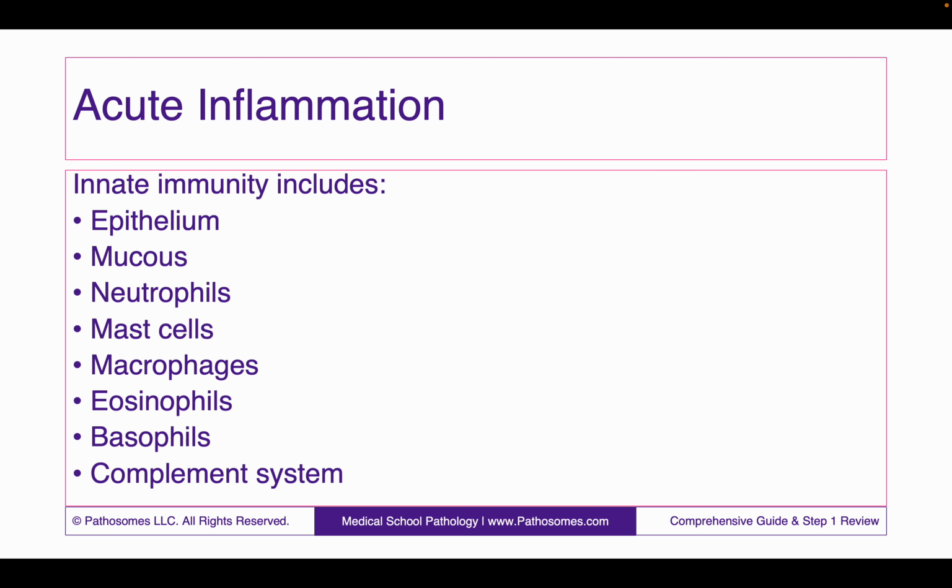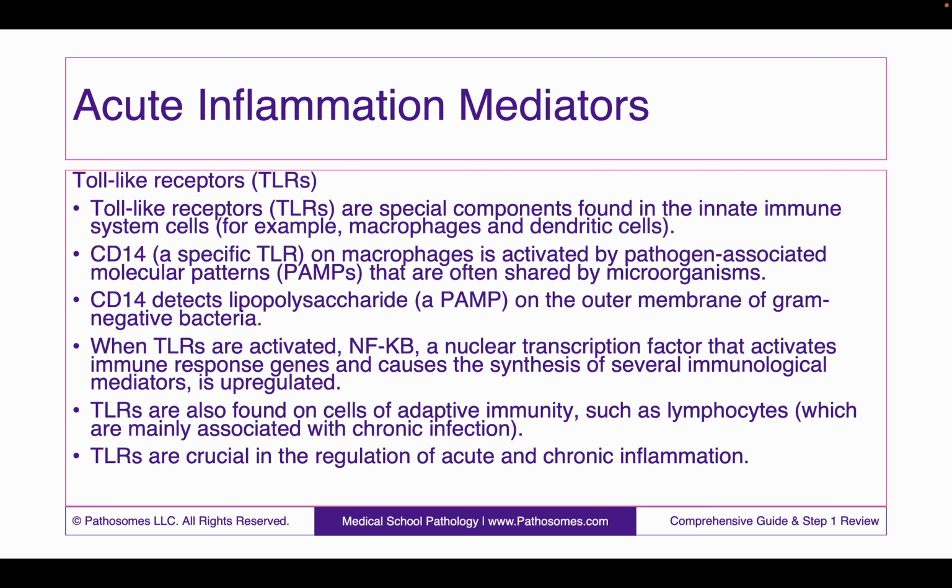Innate immunity includes the epithelium, mucus, neutrophils, mast cells, macrophages, eosinophils, those bilobed guys, basophils, those guys with a lot of granules, and the complement system. Let's discuss toll-like receptors.